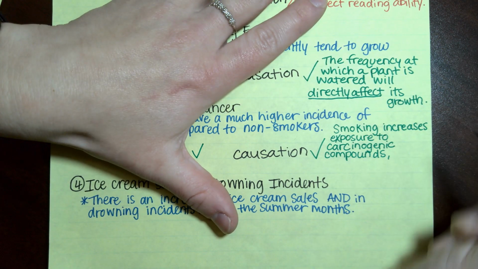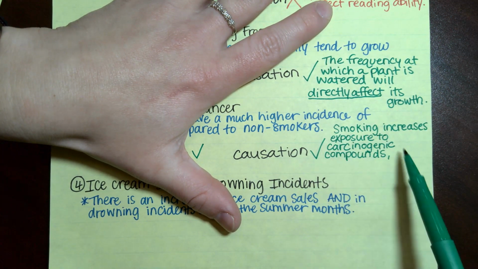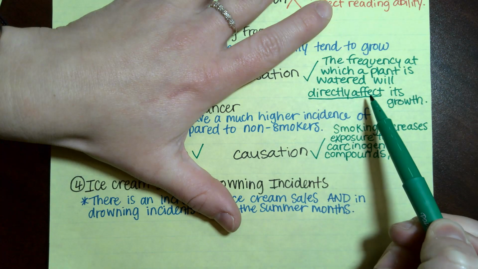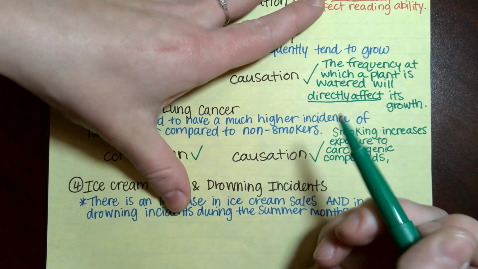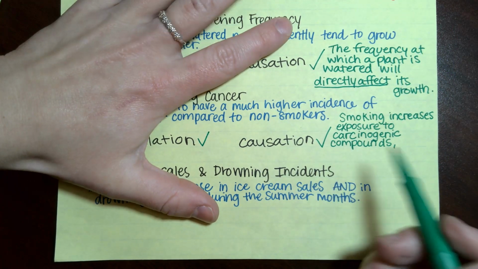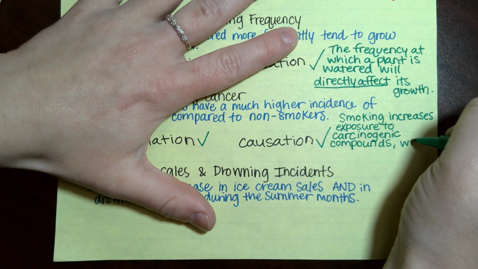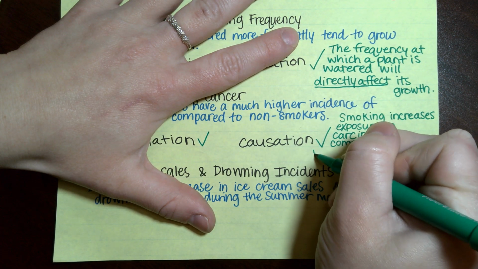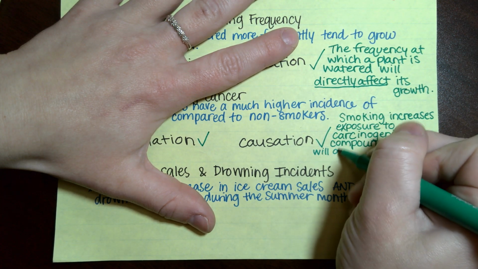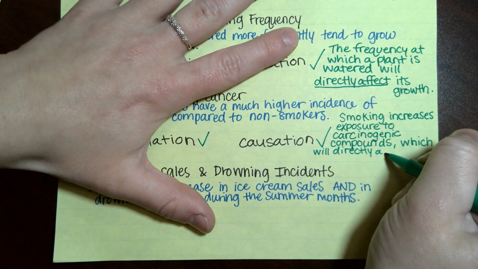And the one part I need you to have in your answer is something about how this directly affects that. So we would say smoking increases exposure to carcinogenic compounds, which will directly affect the incidence of lung cancer.